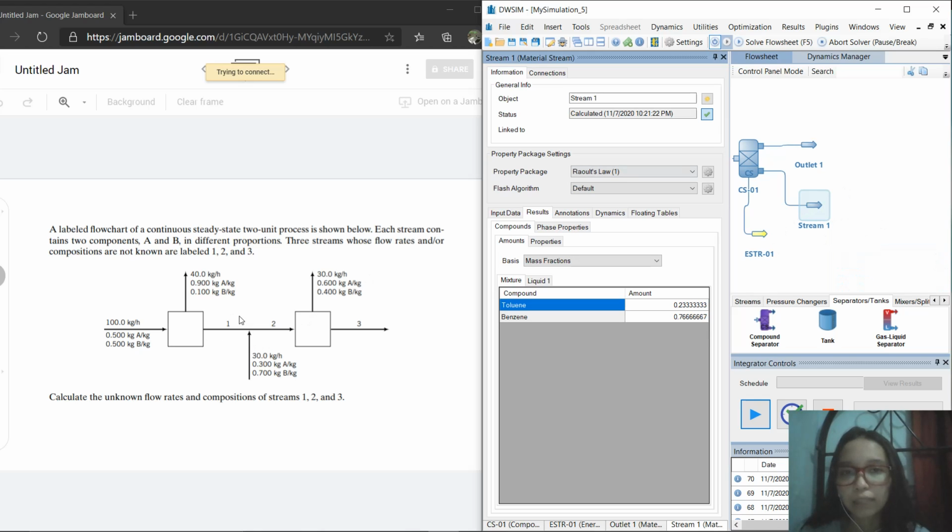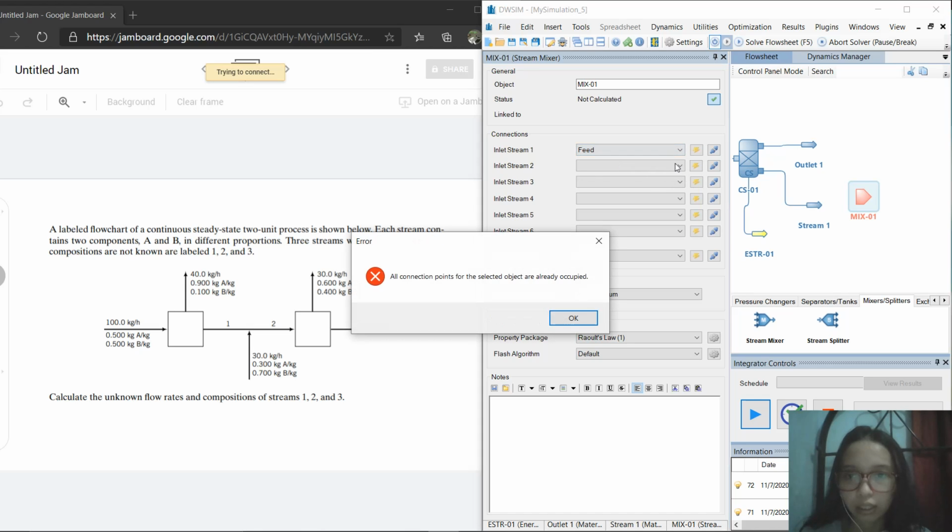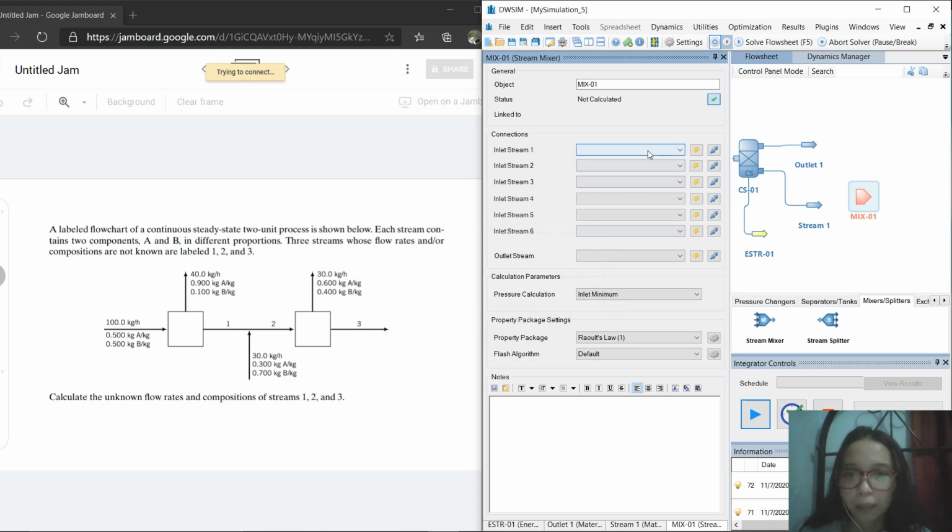Now stream 1 is mixed with another feed, so we're going to use mixer and connect stream 1 as the inlet stream 1. Add another stream, and finally the outlet.